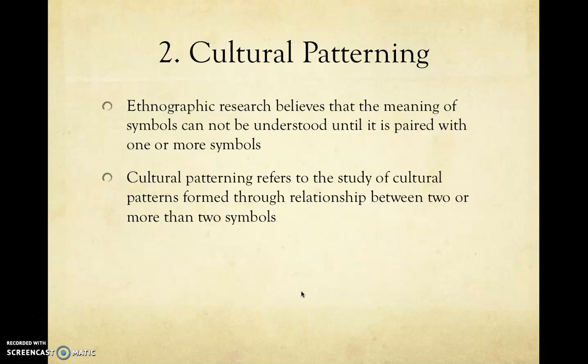Culture patterning refers to the study of culture patterns formed through the relationship between two or more symbols. Here the ethnographer finds the relation, the chain, between the symbols. He or she can find the meaning of the first symbol, the second, third and fourth symbol, and then gather information about the particular symbol. That is called culture patterning.